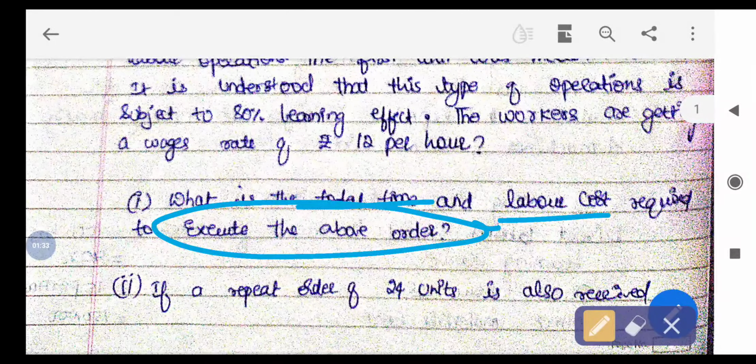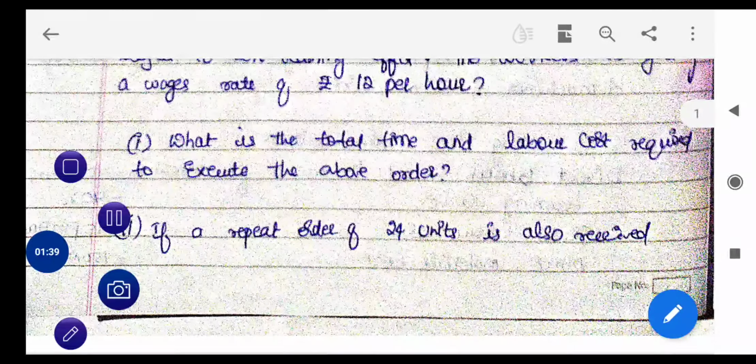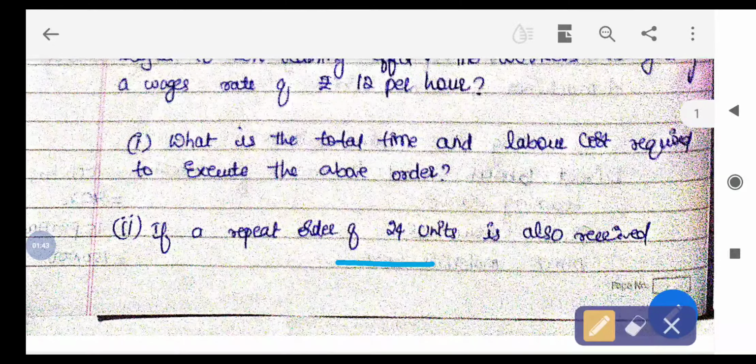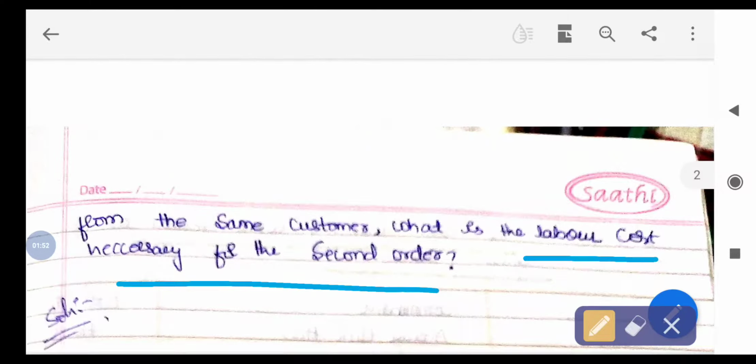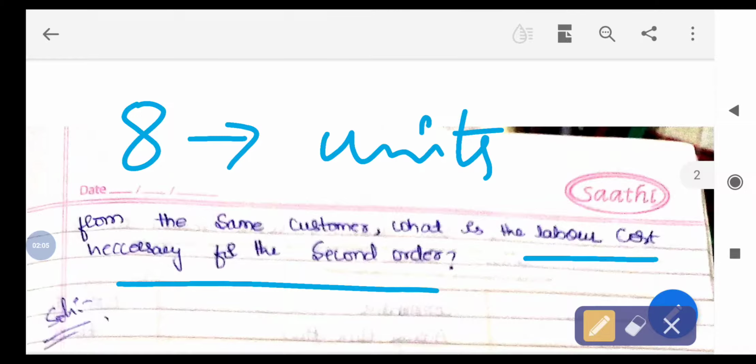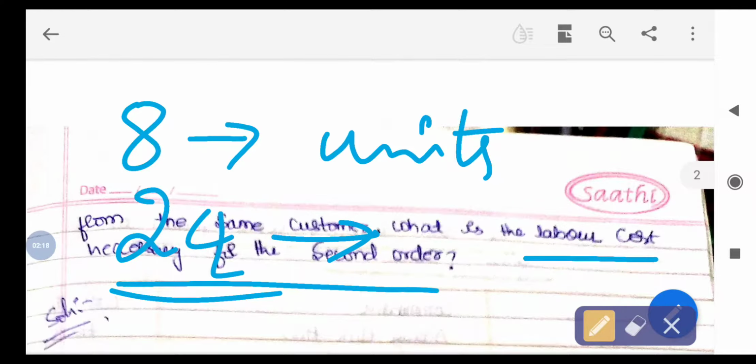Next, if a repeat order of 24 units is received from the same customer, what will be the labor cost and the total labor time required for 24 units? That we have to ascertain here.